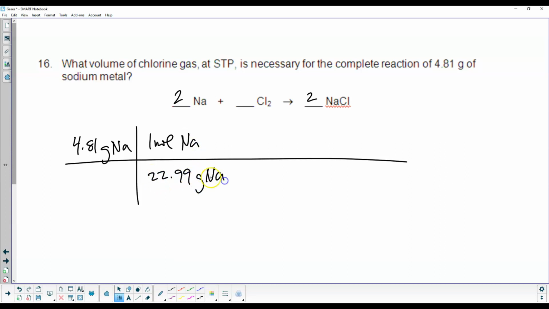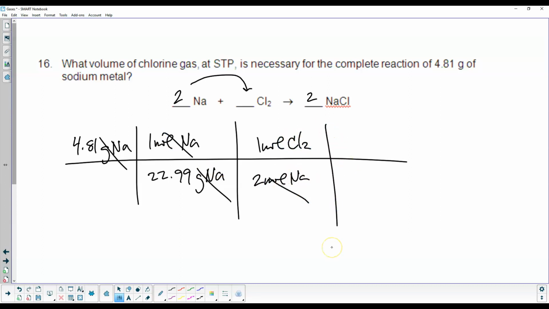That's just its molar mass from the periodic table. Now I know moles, I can do my mole ratio. For every 2 moles of sodium, it will react with 1 mole of chlorine. Moles cancel. Now I know moles of chlorine.